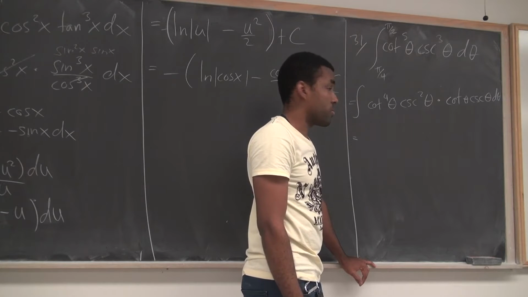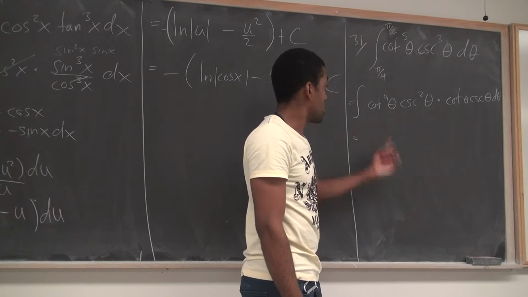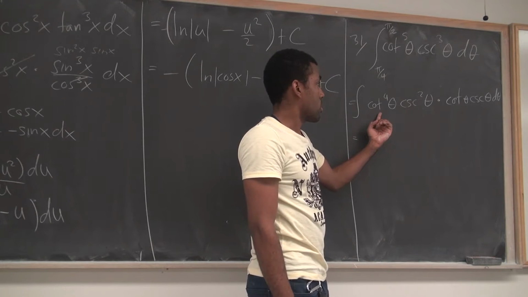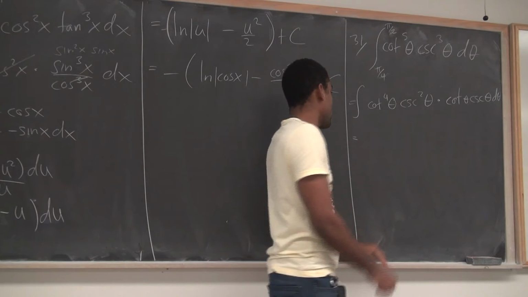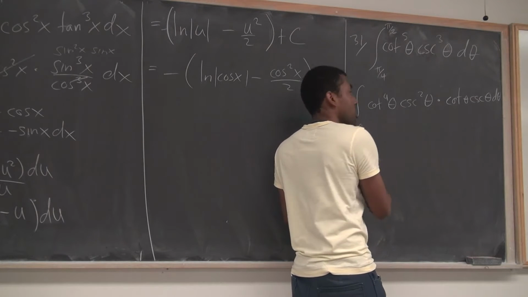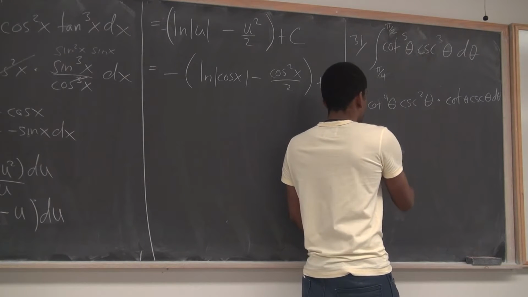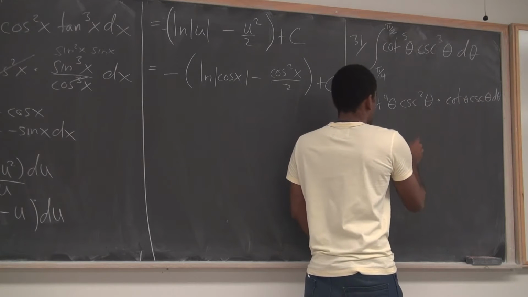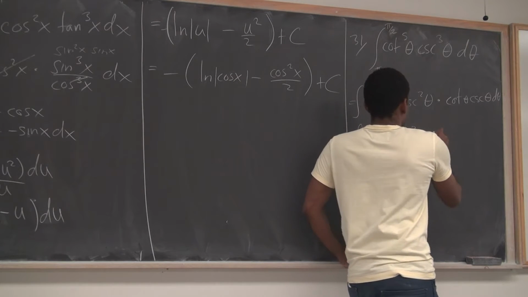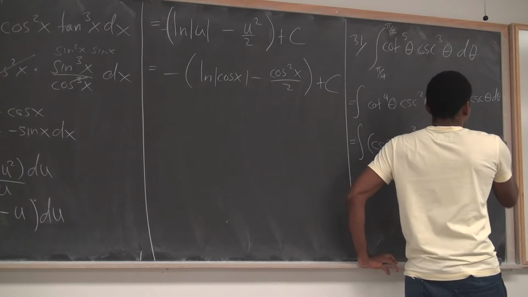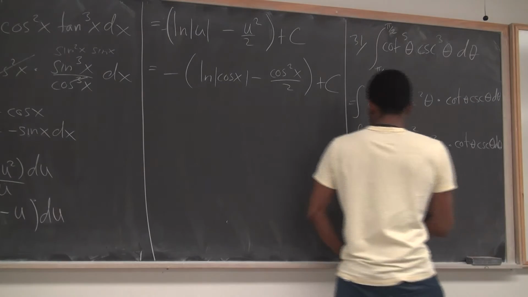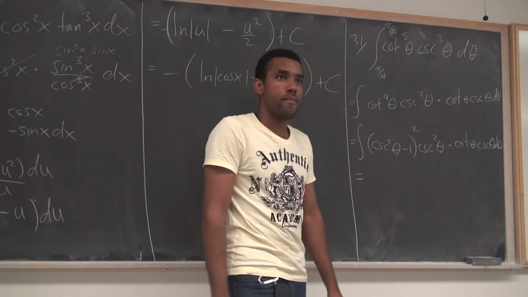Right, you think of this as cotangent squared, squared. And what's the identity that links cotangent and cosecant? Okay, now what?